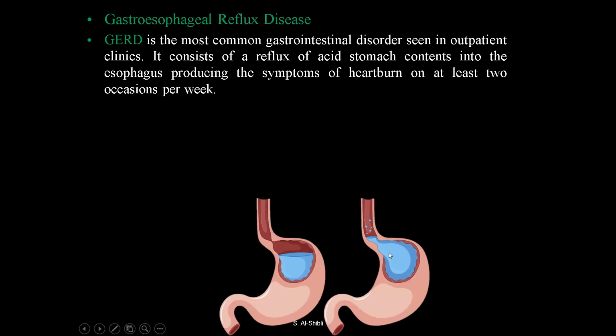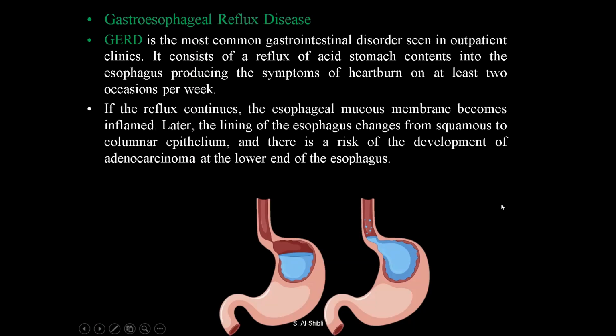And the stomach content can produce symptoms of heartburn in the lower esophagus, because the mucosa becomes inflamed, and the lining of the esophagus can change from squamous to columnar epithelium. By doing so, there is a risk of development of adenocarcinoma at the lower end of the esophagus.